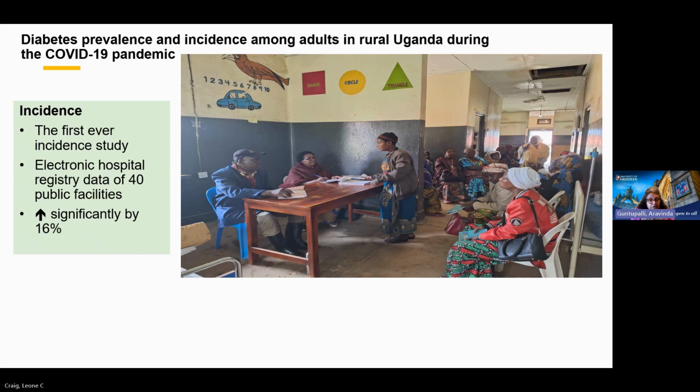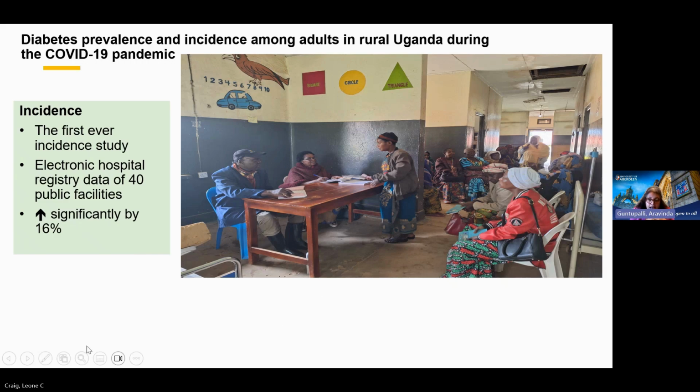So we are not only the first to create incidence data, but in rural settings in low and middle income countries you never have databases that show new incidence of disease every year for any complex condition. We literally finished our analysis and the paper a couple of weeks ago and showed that it increased by 16%.